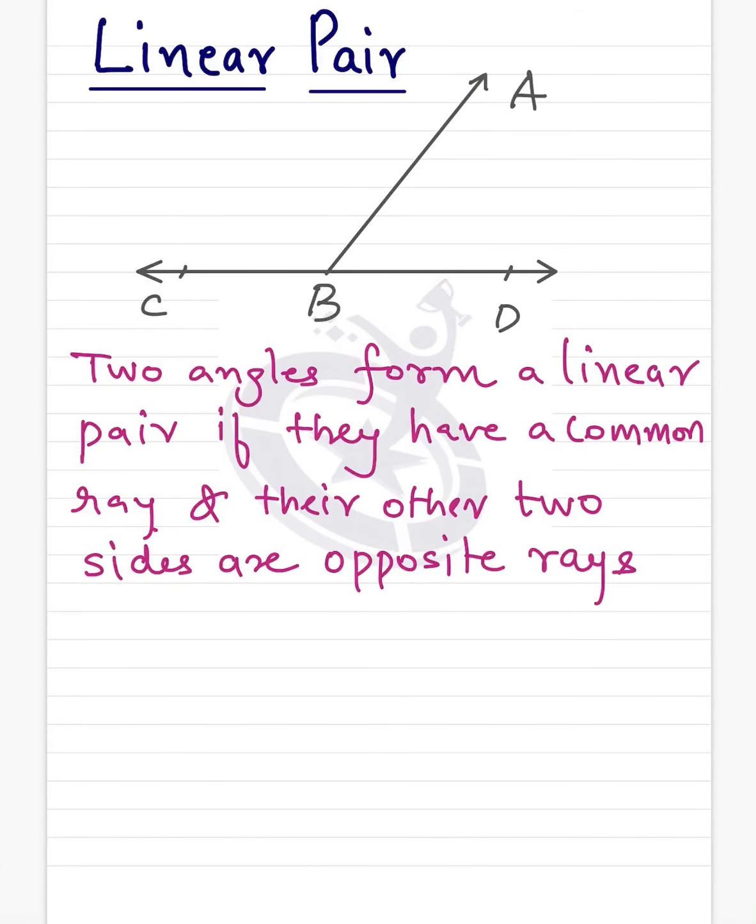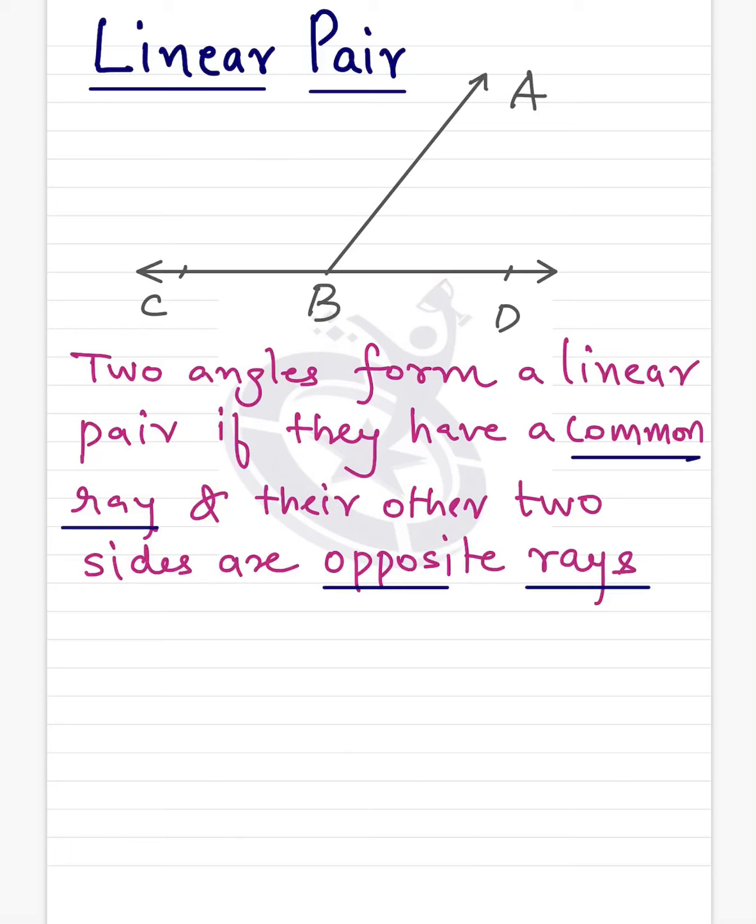Both the angles have one common ray, that's ray BA. BA is the common ray. And the other two sides are BD and BC. They are on the same line and they are opposite rays. So basically you can say both the angles lie on the same line, so it's called a linear pair. They have a common ray and the other two sides are opposite rays.